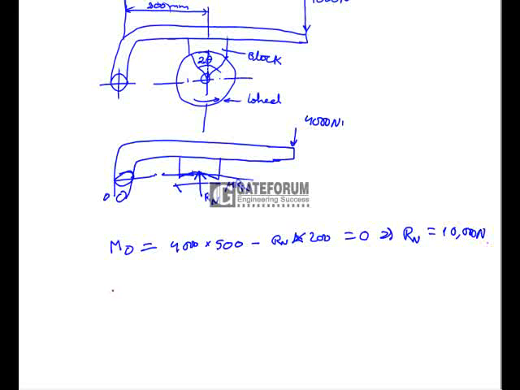So we know that the braking torque is given by mu into Rn into R, and the braking power is given by T into omega.